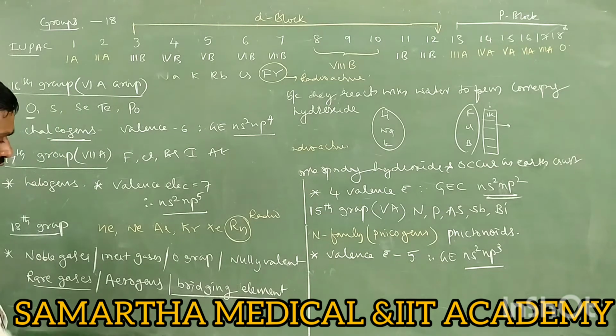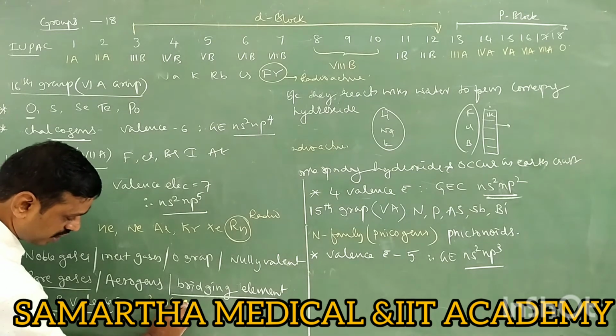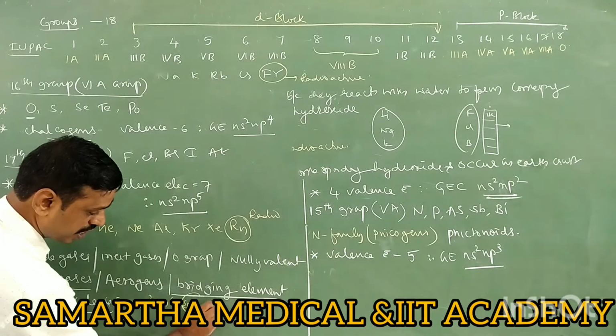So these are the other names of noble gases or 18 group elements. Next, how many valence electrons do they have? They have 8 valence electrons. So what is the general electronic configuration? ns2 np6, except helium.